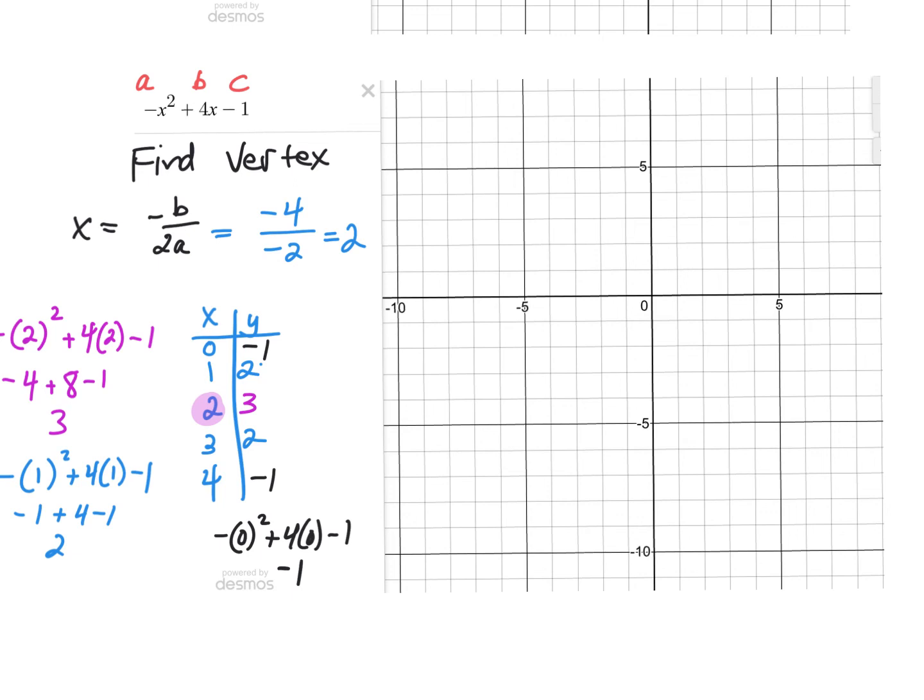So I'm going to plot those points. I'm going to go 2, 3: over 1, 2, up 1, 2, 3. And then I have the point 1, 2 and 3, 2. Our y-intercept is part of our grid. There it is at 0, -1, and its mirror image on the other side of the axis of symmetry is at 4, -1.